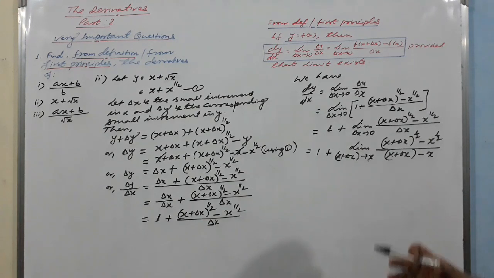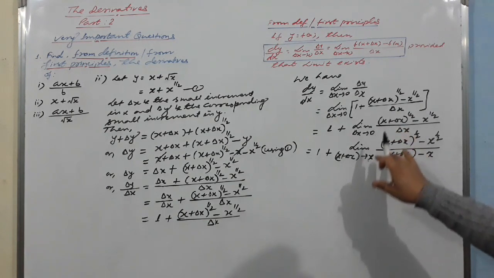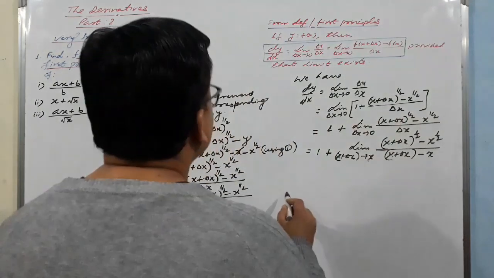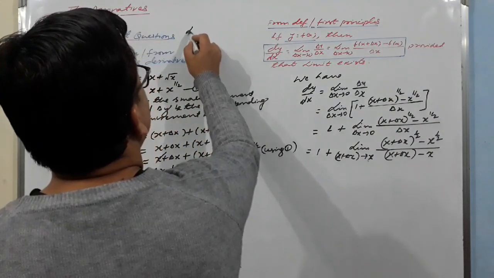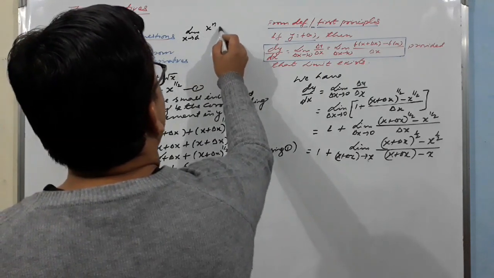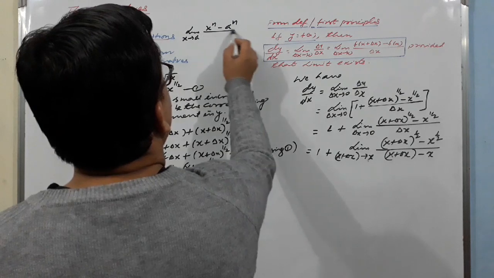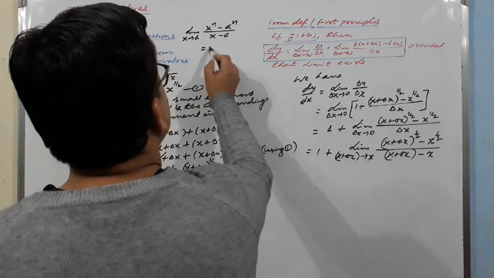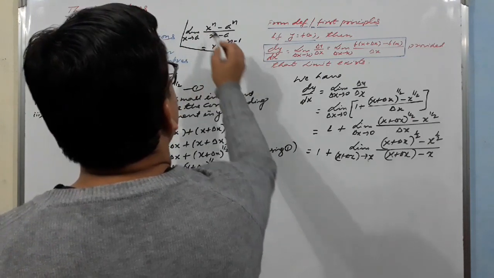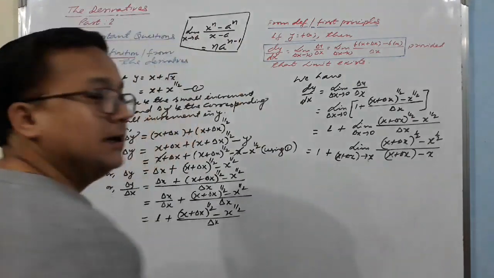Now why have we converted this expression into this form? Let me remind you of one formula we have: limit as x tends to a, x raised to power n minus a raised to power n over x minus a, is equal to n times a raised to power n minus 1. So we can use this one here, right?